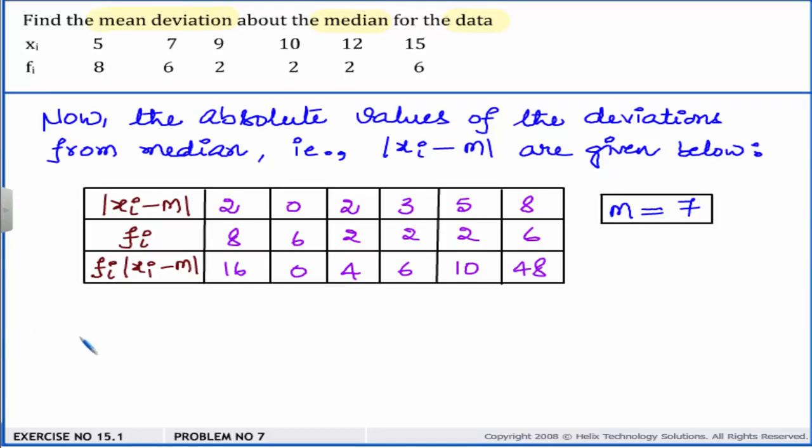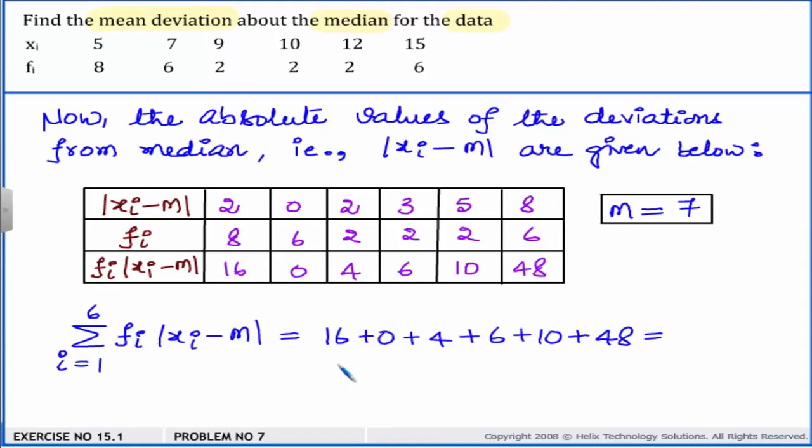Now let us find out the summation Fi into modulus of xi minus M, where i is equal to 1 to 6, is equal to 16 plus 0 plus 4 plus 6 plus 10 plus 48. So this gives us 84.